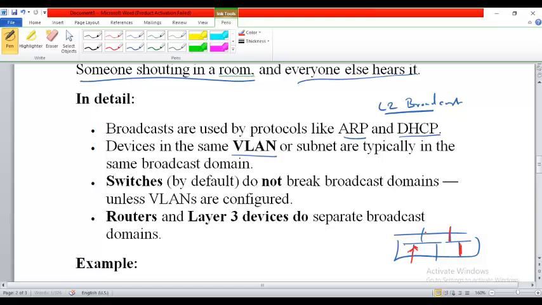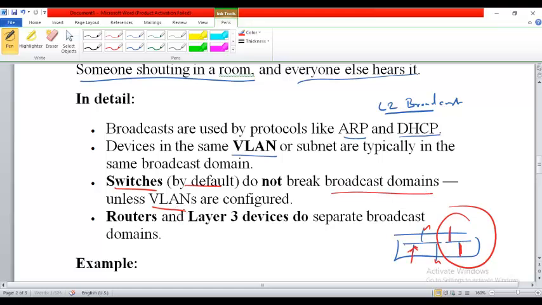If you replace the word domain with the word controller, then you will know the meaning of it. Switches by default do not break the broadcast domain, meaning there will be only one VLAN, one broadcast domain. But you can create more VLANs to break the big broadcast domain into multiple small broadcast domains.